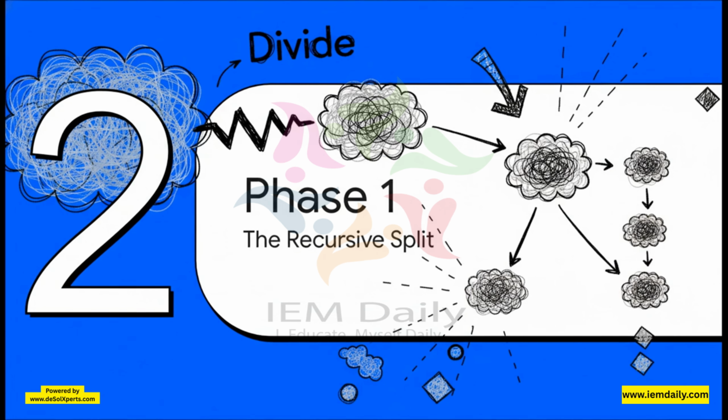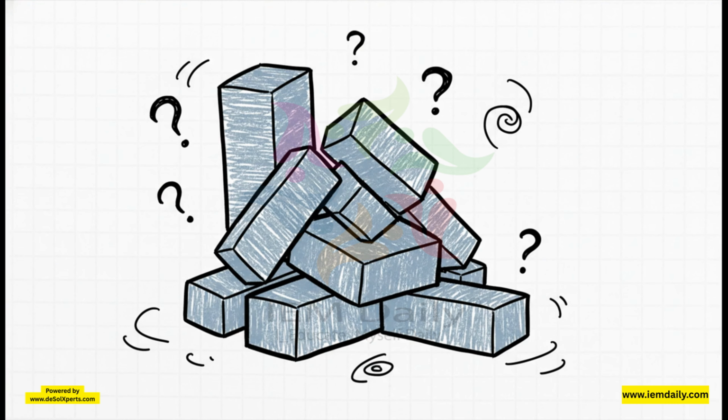Okay, let's zoom in on phase 1, the recursive split. This is the divide part of our strategy. Now that word recursive can sometimes sound a little scary, but all it really means is that we're going to apply the exact same logic, the split, over and over again to smaller and smaller chunks. So, here's our starting point, a totally unsorted list of 8 numbers.